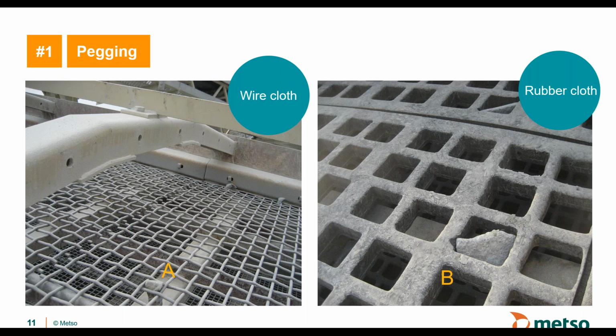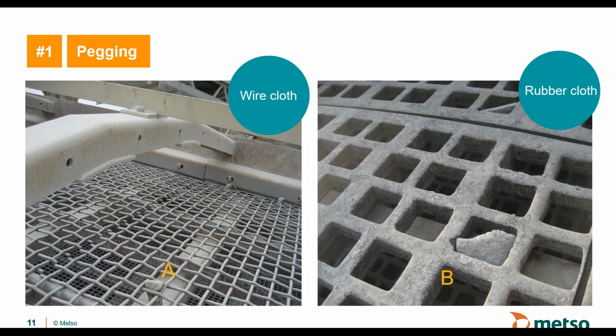And depending on the opening you then have, if there is insufficient room to exit for the rocks, you will have pegging. And what typically will happen on the left-hand side picture is that during continuous operation, pegging will continue from that point and spread from point A out to different areas of the screen.